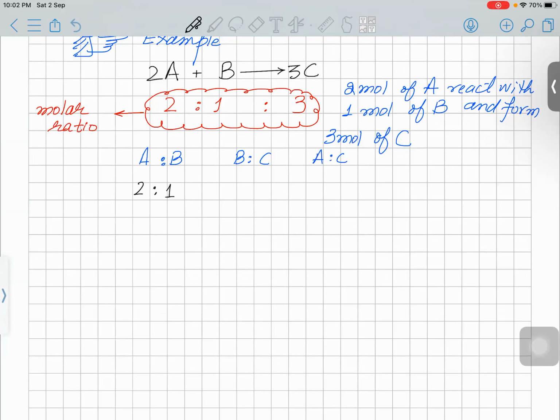And what is the ratio between B and C? Sir, 1:3. Now, can you tell me the ratio between A and C? Sir, 2:3. 2:3.